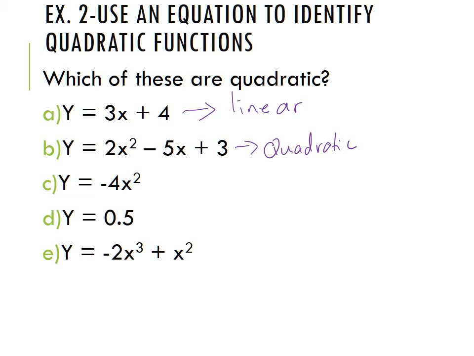I'm going to skip down to E. E has an x squared, but it also has an x cubed. And I'm going to let the secret out. This is not quadratic. Excuse that from time to time, the pen drags.